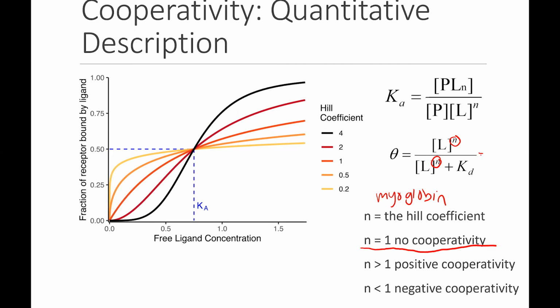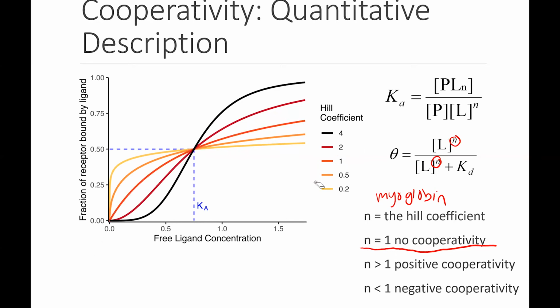And so we get our original equation that I showed you, which was just the concentration of L over L plus KD. So when N equals 1, no cooperativity, and you can actually see what that looks like on the plot here. It looks like this parabolic shape that we already saw in the previous example for myoglobin.